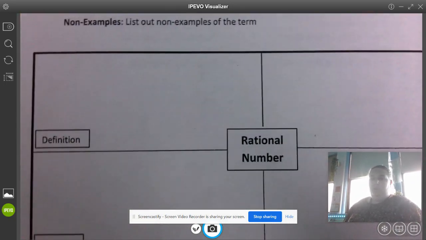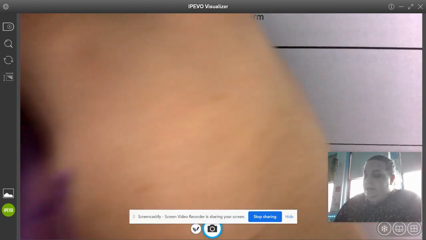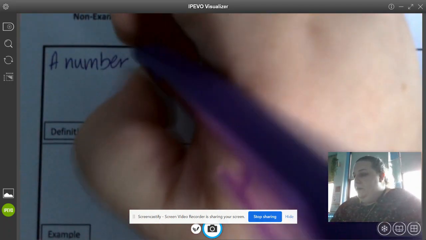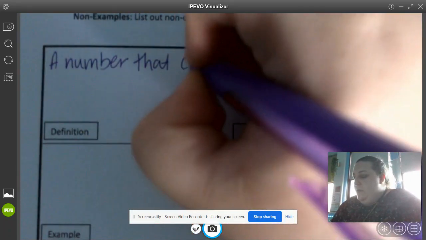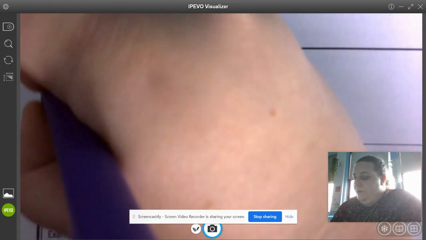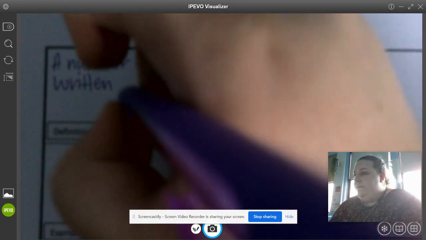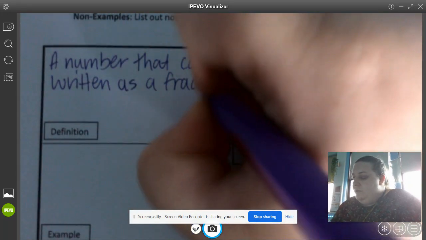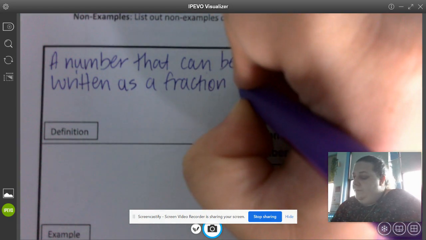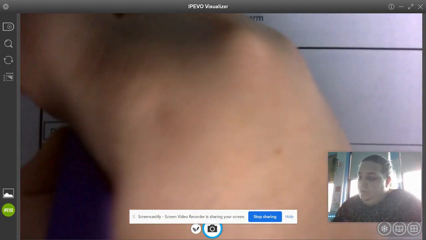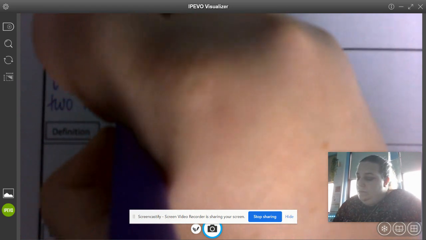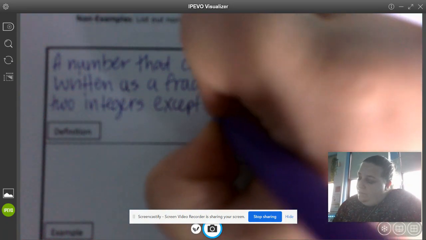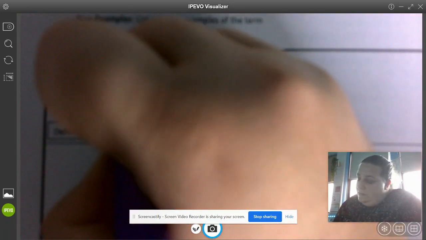Okay. So, a rational number is a number that can be written as a fraction of two integers, except for 0 in the denominator.